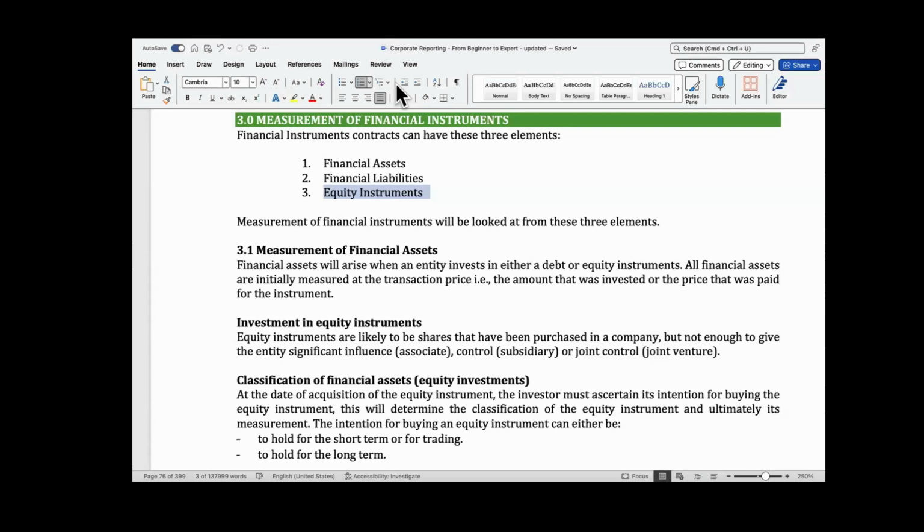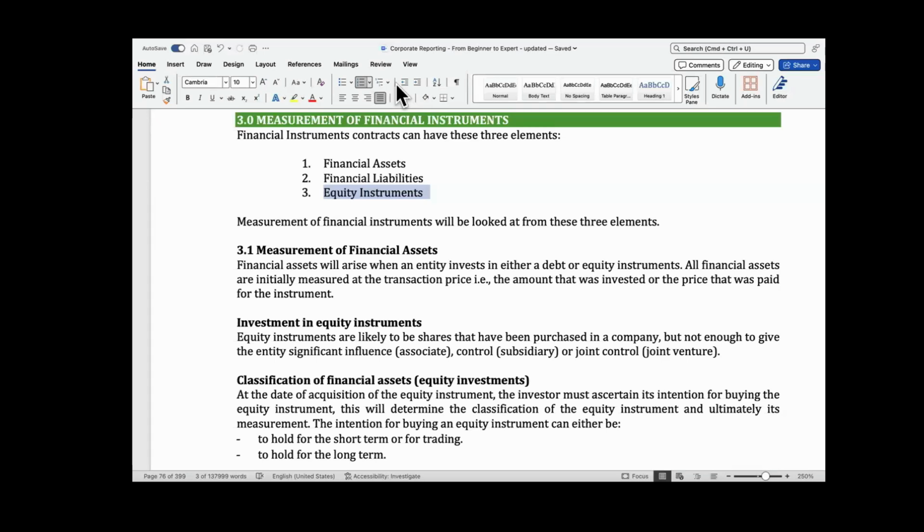So when you issue shares, they are measured at nominal value.